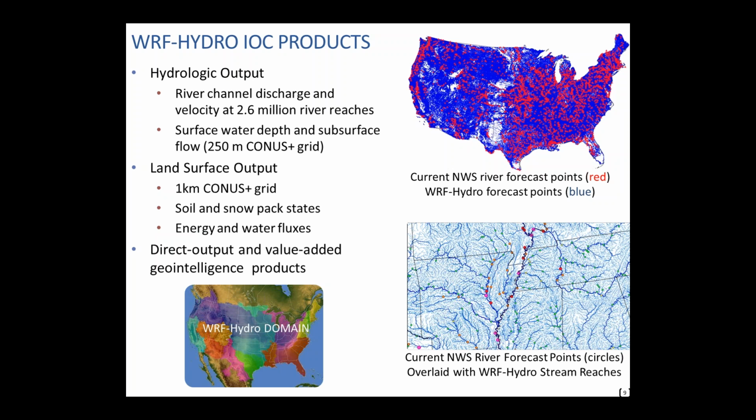We're going to be outputting both direct raw output, so raw quantities, again, like soil moisture, heat flux, all the standard products. But I think perhaps the more important, or at least equally important quantities that we'll be outputting will be some value-added derived products. So not just straight soil moisture, but soil moisture anomalies, stream flow anomalies.